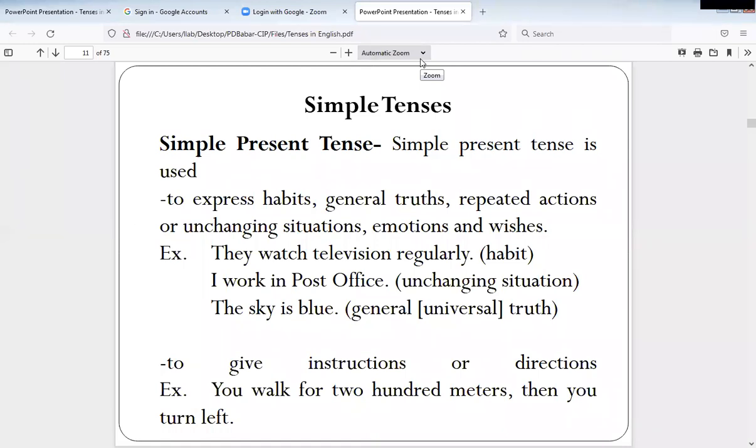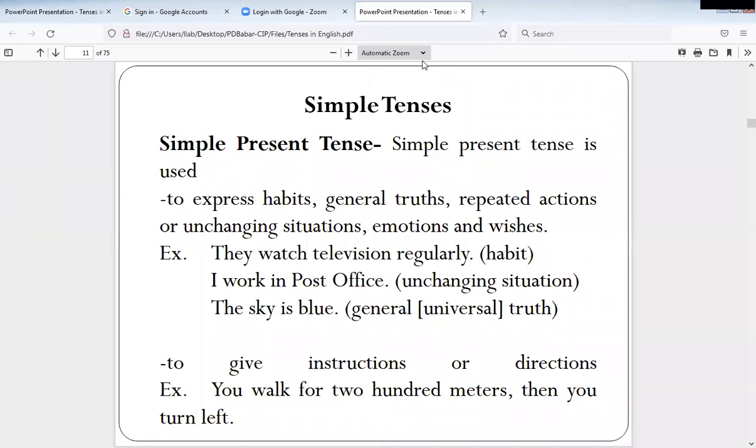So simple present tense is used to express habits, general truths, repeated actions. Repeated actions means the things we perform on a daily basis. Repeated actions are the things that we do every day.